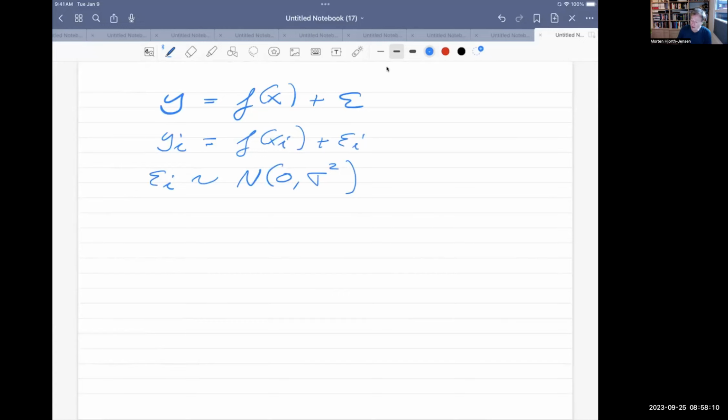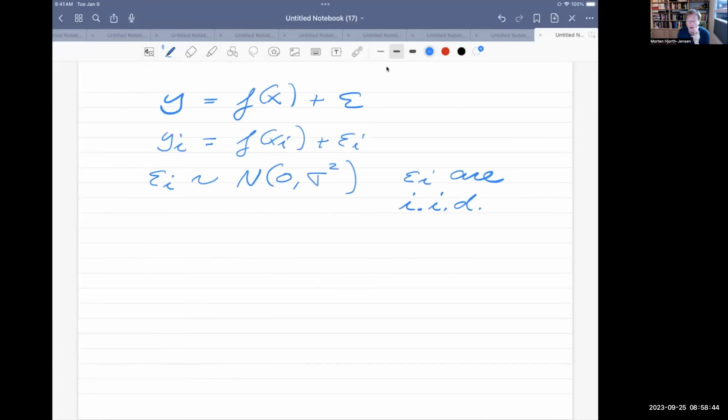Now, these epsilon_i's, in statistics, are independent, so that's the first i, and they are identically distributed. So IID in statistics means independent and identically distributed. Identically distributed means that every single noise here for every y_i is given by the same distribution, which in this case is assumed to be a normal distribution. So this is a basic assumption about the data.